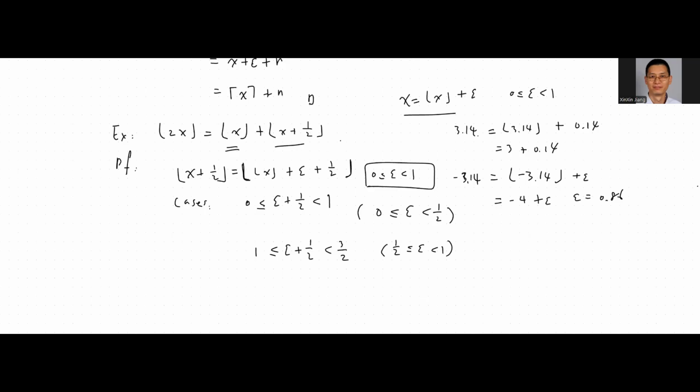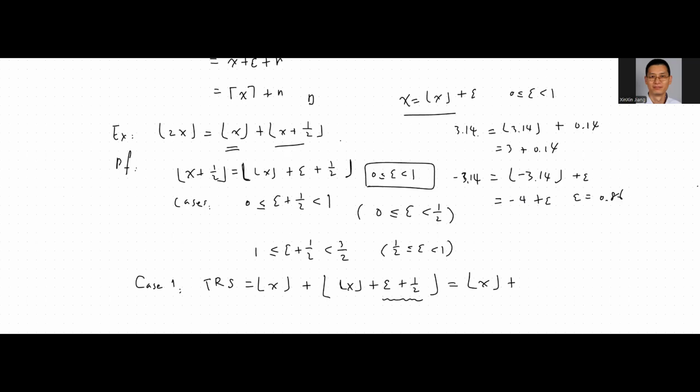So case 1, the right side equals the floor of x, keep it there, plus the floor of x plus epsilon plus 1/2, that equals the floor of x. But this thing is greater than or equal to 0, less than 1.